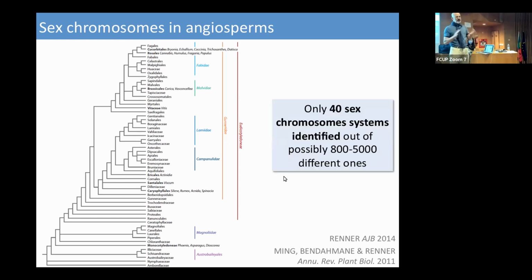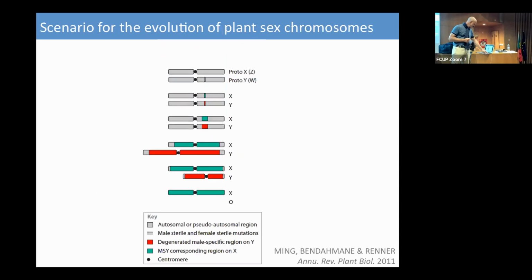They represent about 40 different systems out of possibly, as I said, 800 to 5,000 ones. So again, we have very little information.